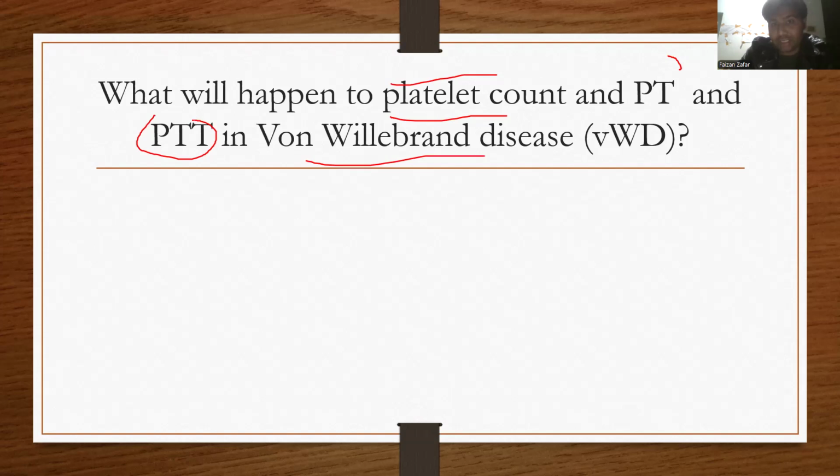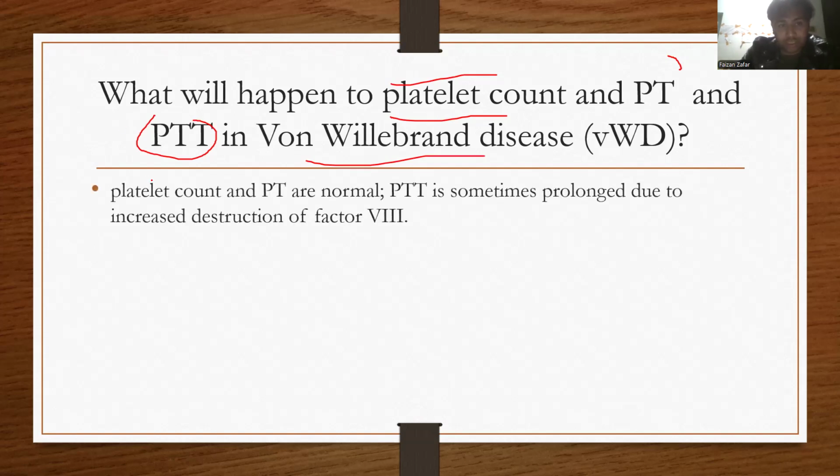Only PTT will be raised in von Willebrand disease. Why is it prolonged? Because of the deficiency of clotting factor 8. Clotting factor 8 is deficient in hemophilia A.